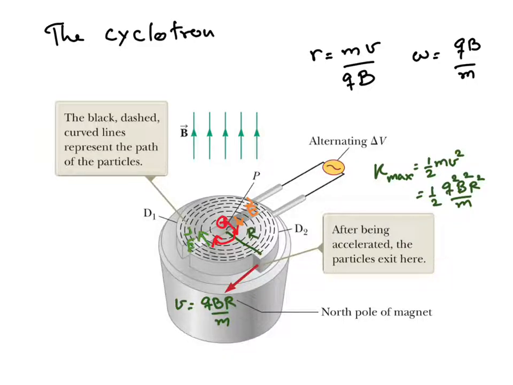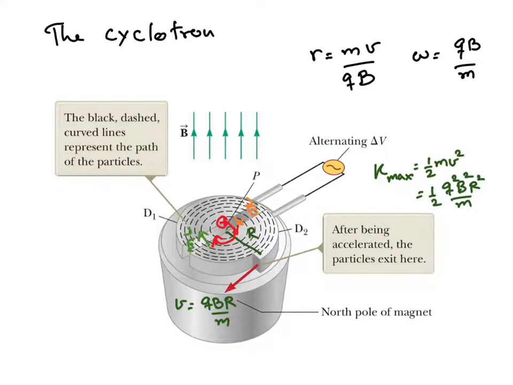To be precise, the period of the oscillation of this voltage source will be half of the period of the rotation of the charged particle in the magnetic field, because when the charged particle moves from this position to this position, this is the halfway of the full circle, right?